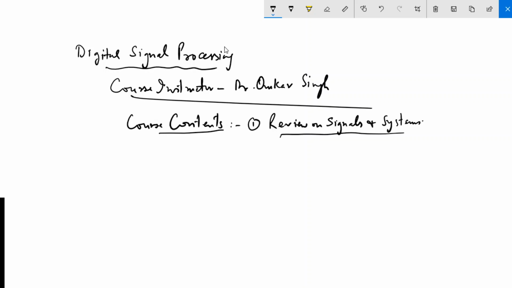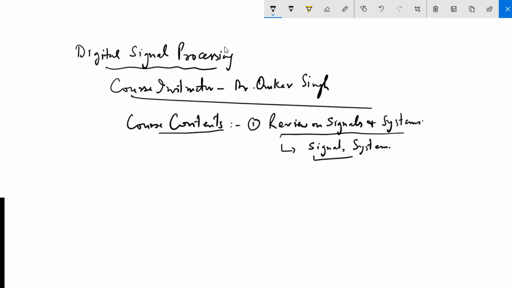In this topic we will cover some basic concepts like what is a signal, what is a system, and how continuous time and discrete time systems are different, and how continuous and discrete signals in fact are different.